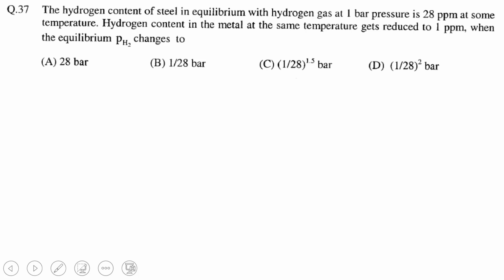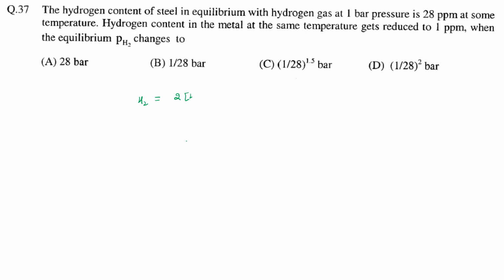Let us move on. The hydrogen content of steel in equilibrium with hydrogen gas at 1 bar pressure is 28 ppm at some temperature. Hydrogen content in the metal at the same temperature gets reduced to 1 ppm when the equilibrium pH2 changes to, okay, right? So this is the equation of nascent hydrogen.